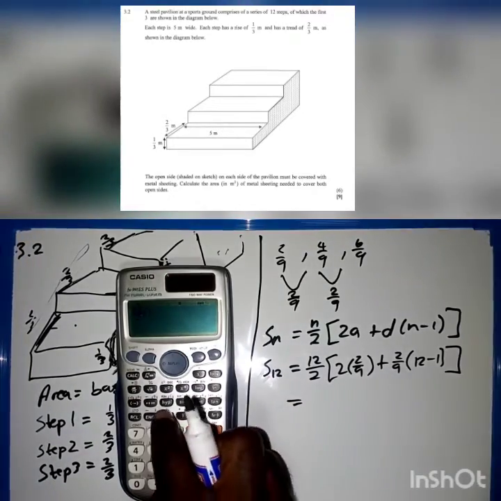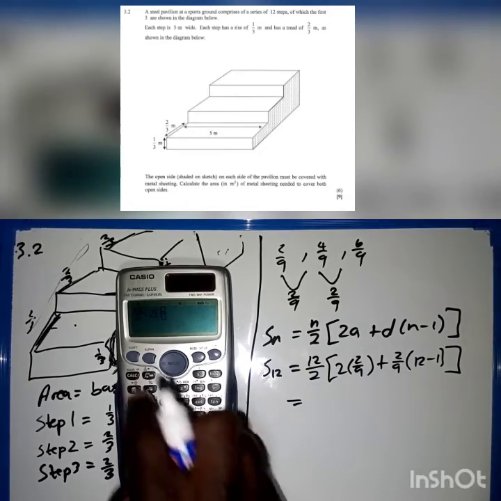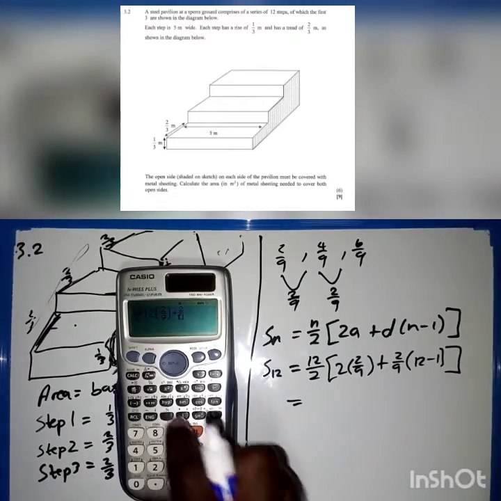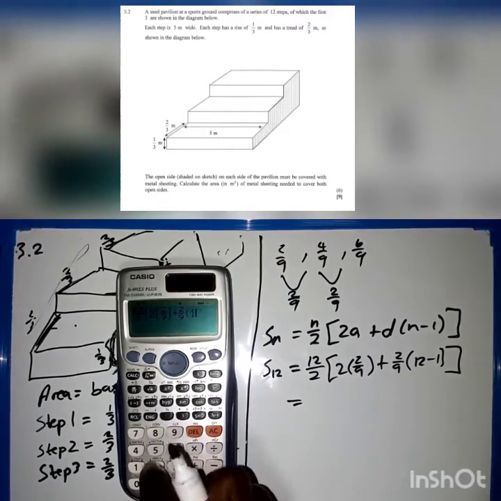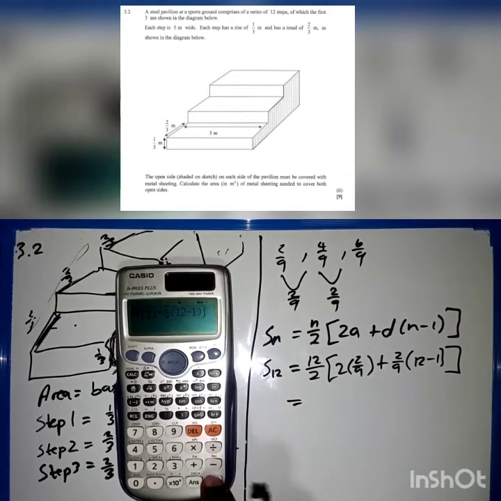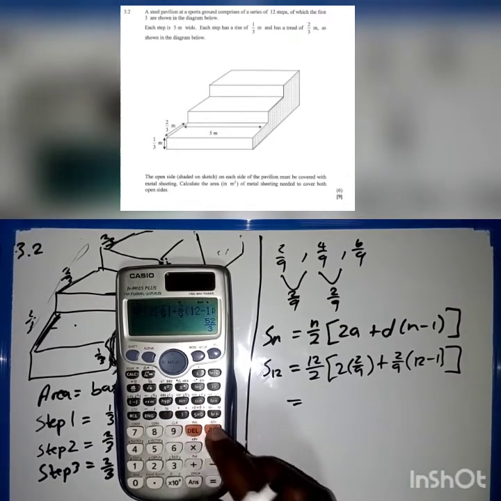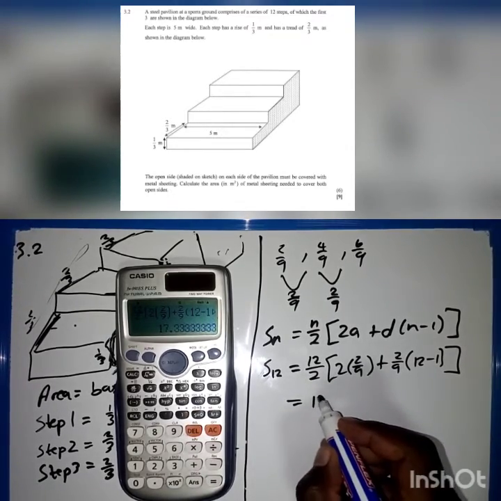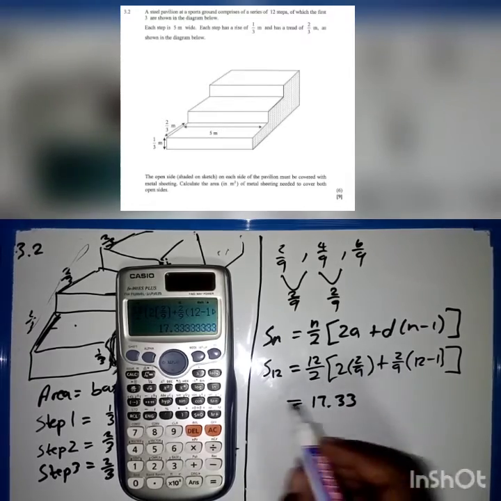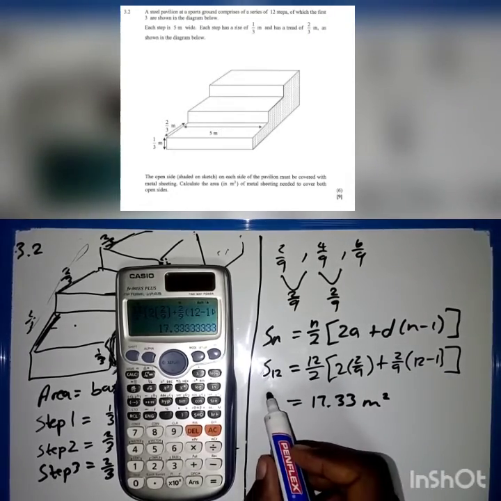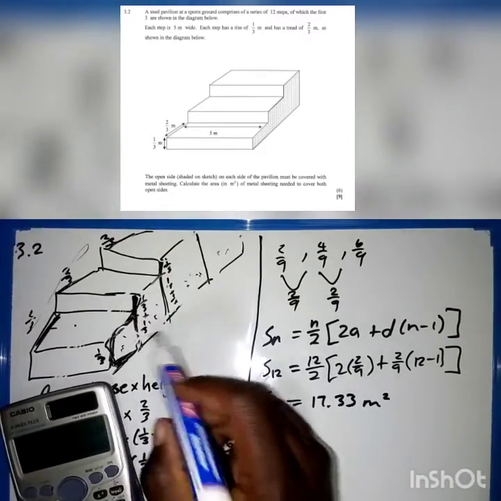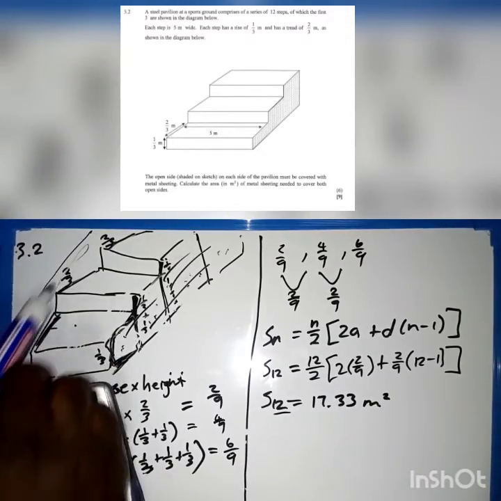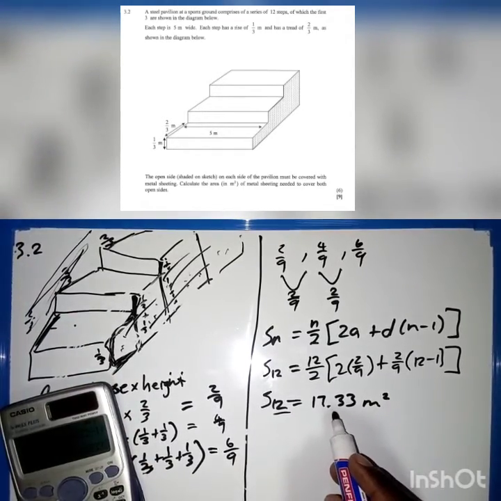You're going to get 12/2 times (2 times 2/9 plus 2/9 times (12 minus 1)), and it gives us 17,33. So 17,33 meters squared will be needed for the one side. So this is just for this side, but because they said they want this side as well, you have to multiply this by 2.